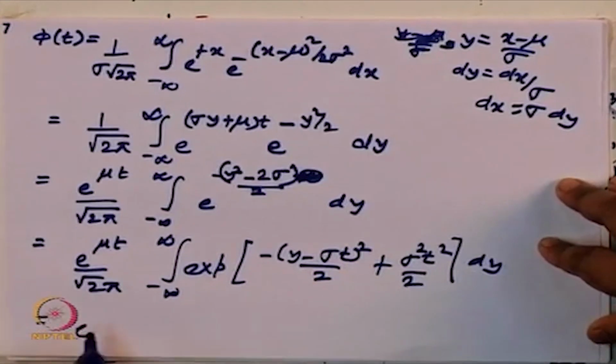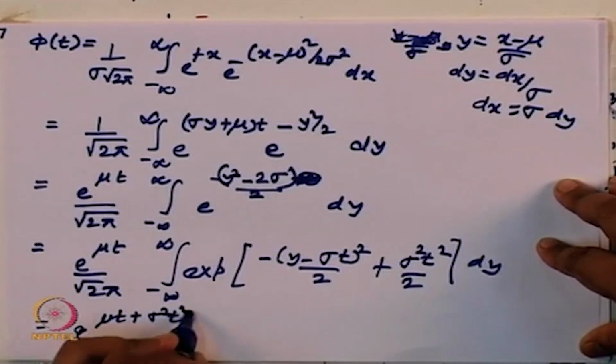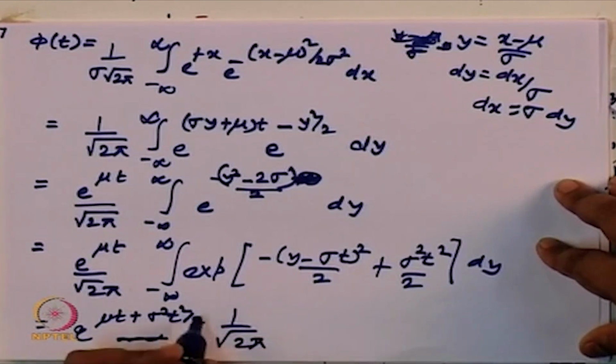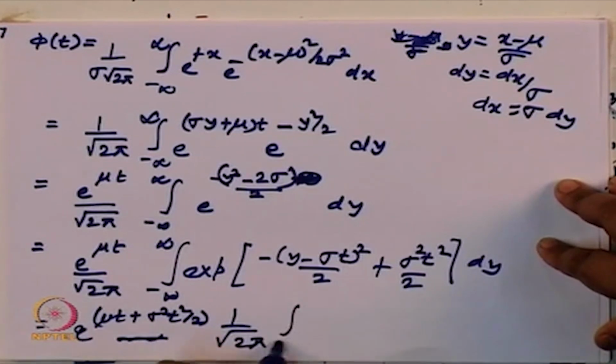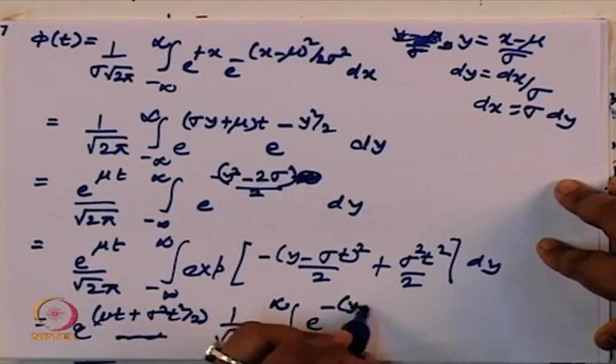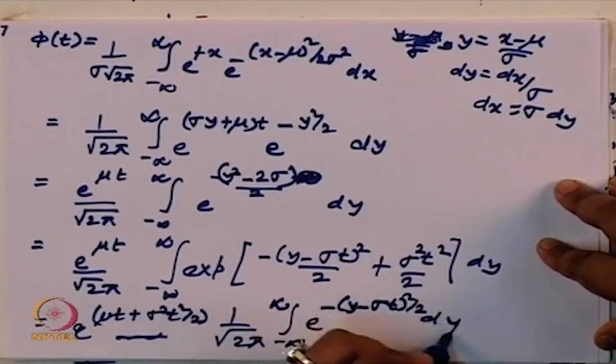So I can take out this term again. I can write it as e to the power mu t plus sigma square t square by 2, and root 2 pi can be separate. So this is the exponential together into 1 by root 2 pi, integral from minus infinity to infinity of e to the power minus y minus sigma t whole square by 2 dy.